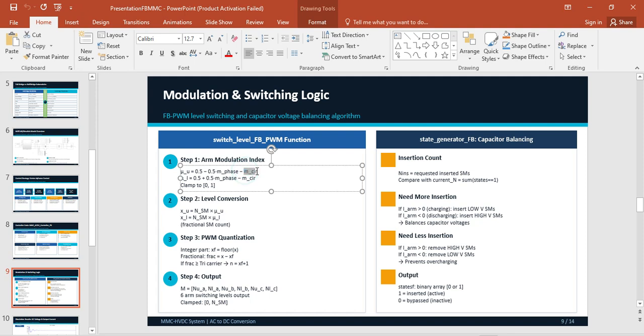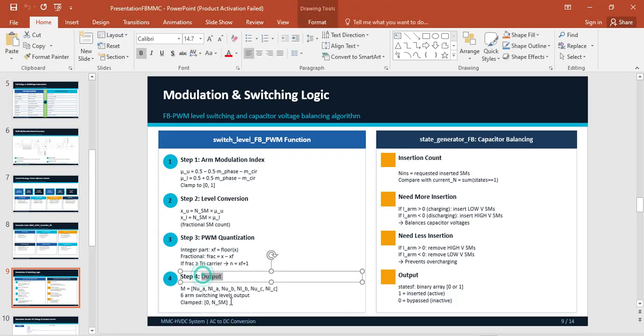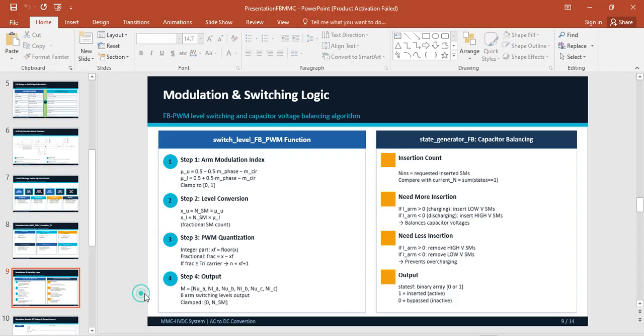This is the circulating current voltage reference that needs to be subtracted from the modulating signal in order to generate the different references for the upper arm as well as for the lower arm, right? Then we have a level conversion and PWM quantization. Then after that we generate these output levels for the voltage balancing algorithm.